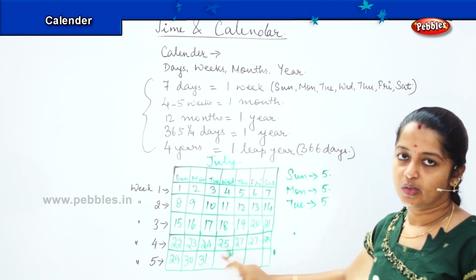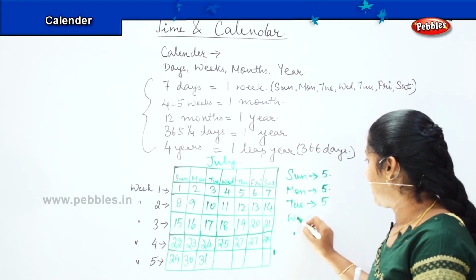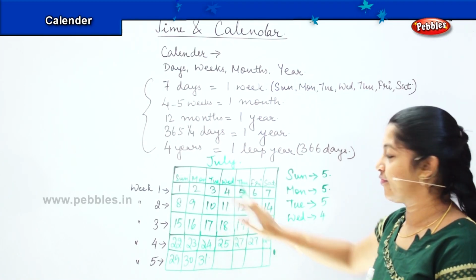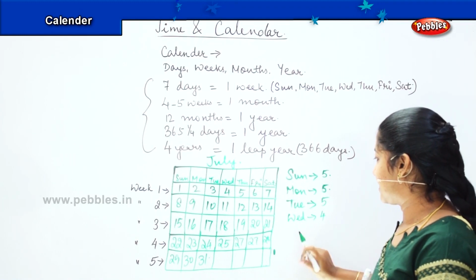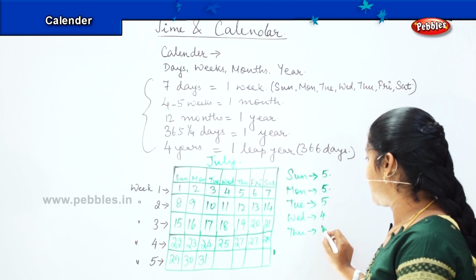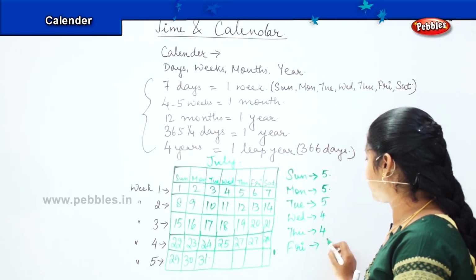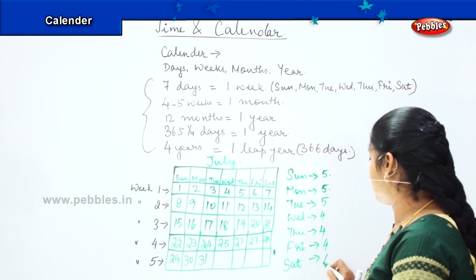But because after 31, the month gets over, right? So I have 4 Wednesdays. Same is the case for Thursday, Friday and Saturday. So I have 4 Thursdays, 4 Fridays and 4 Saturdays.